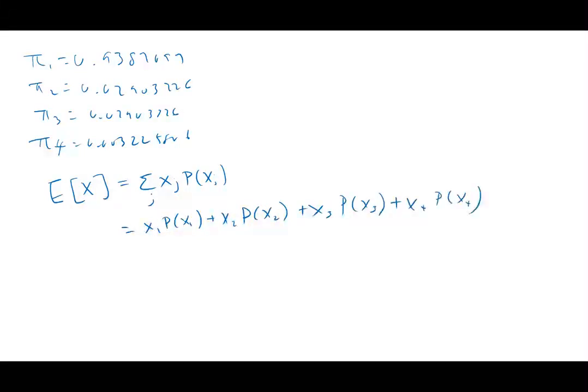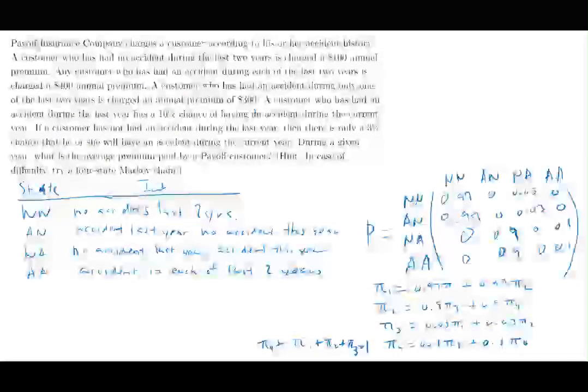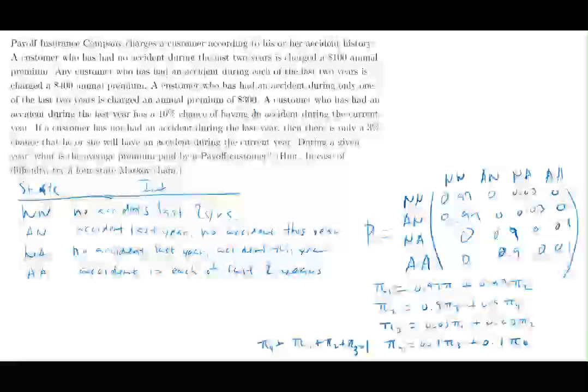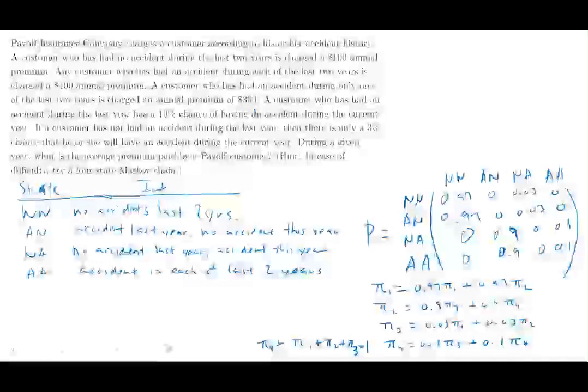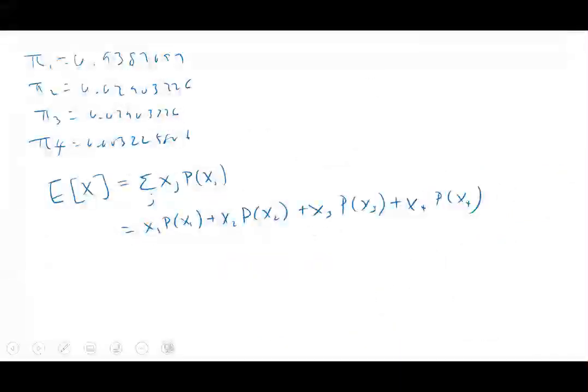Okay. X1 corresponds to pi 1, right? So if you go back to our states, state 1 is no accidents in the last 2 years. State 2 is 1 accident in the last 2 years. State 3 is also 1 accident in the last 2 years. And state 4 is accident in each of the last 2 years.